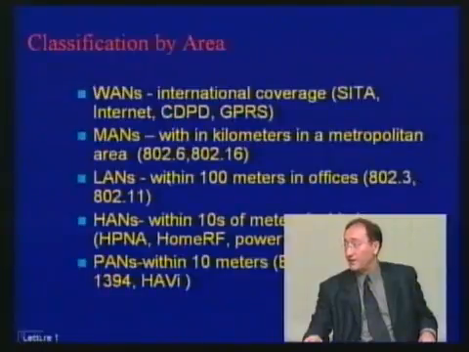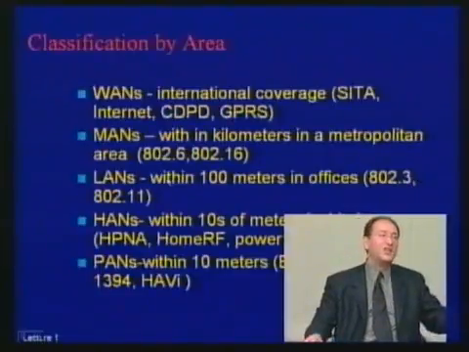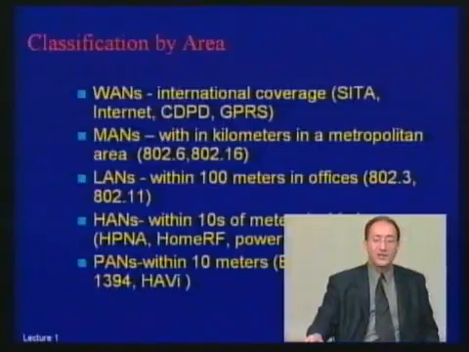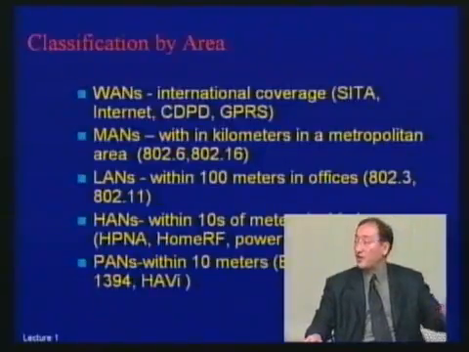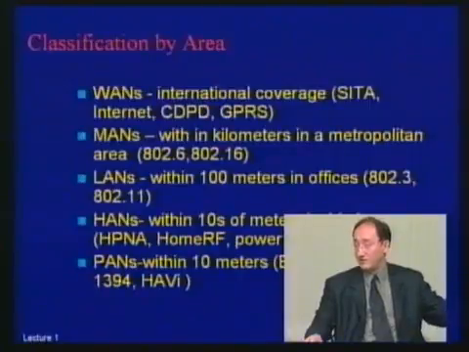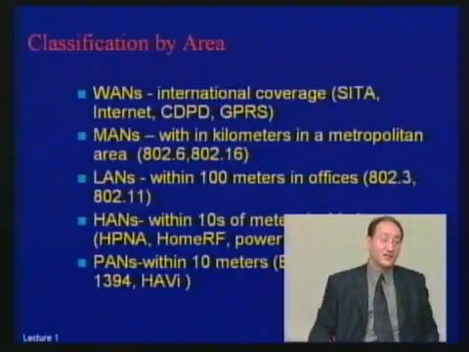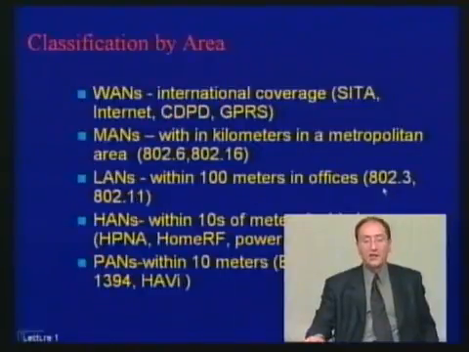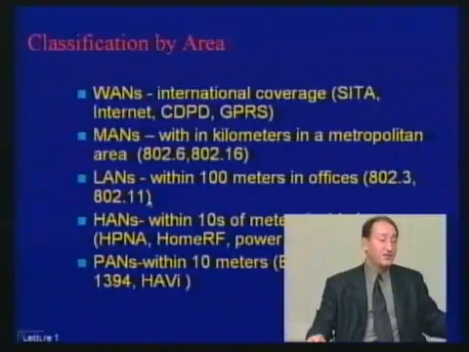Originally, when they started, they were covering up to 2.5 kilometers. But this 100 meters is from one connection, so you can have a bigger coverage. Examples of local area networks: Ethernet, which is 802.3, and 802.11, which is wireless LANs.